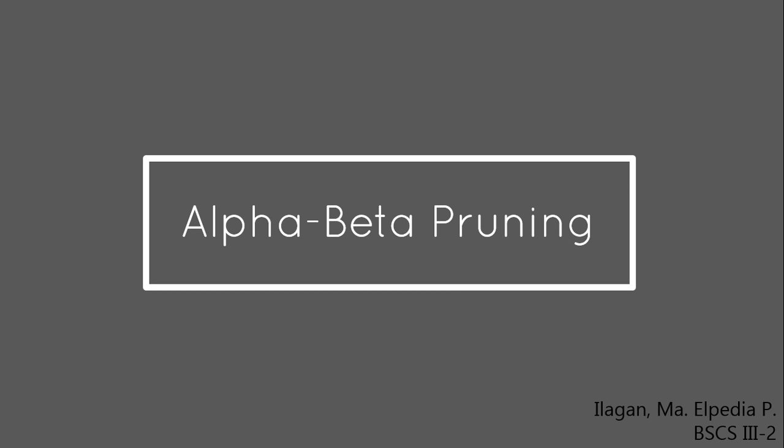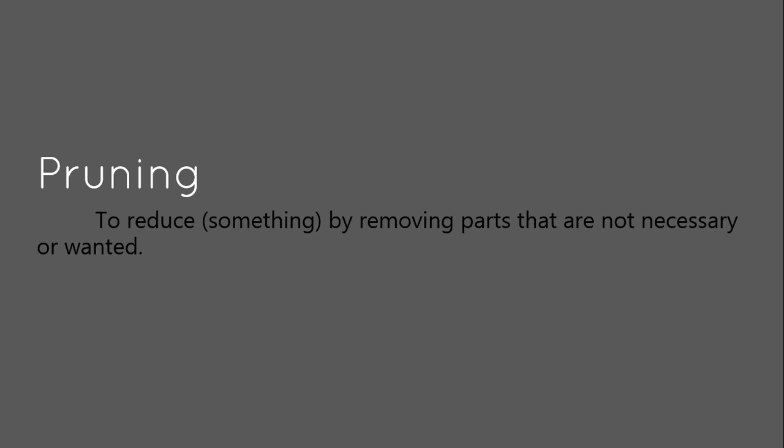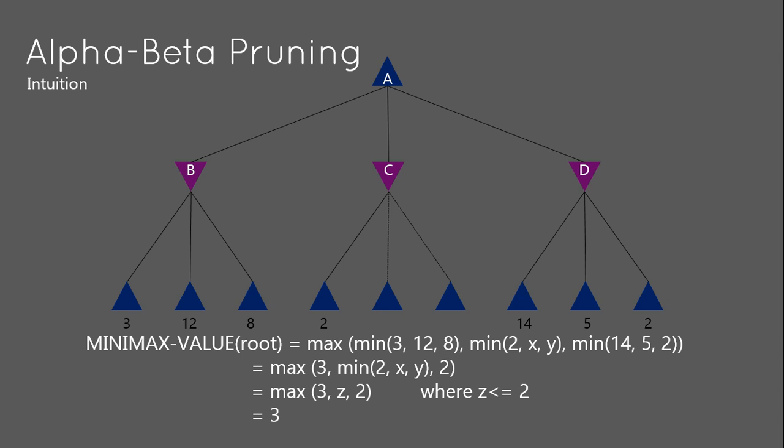Alpha beta pruning. Pruning means to reduce something by removing parts that are not necessary or wanted. For example, in a tree, we're going to cut branches that are not necessary or wanted.